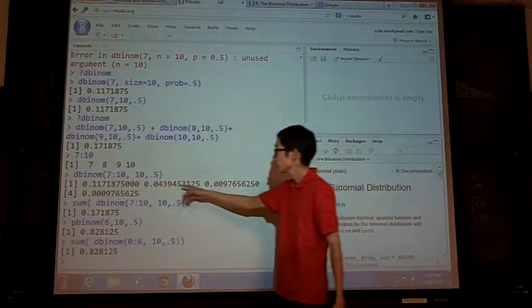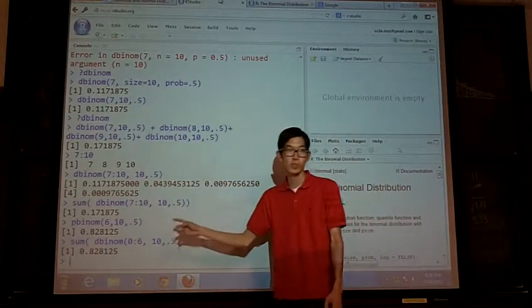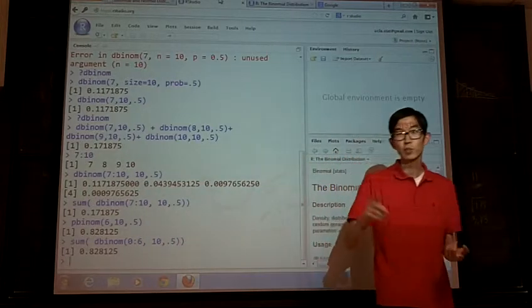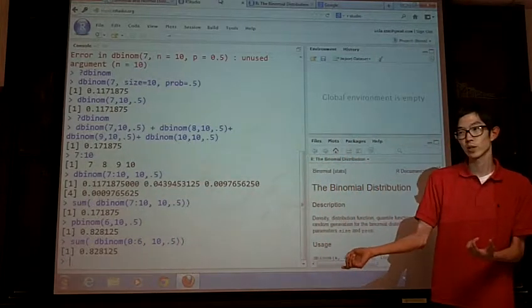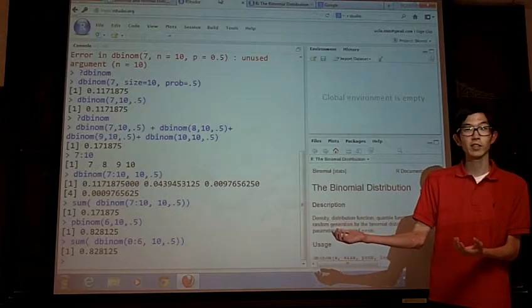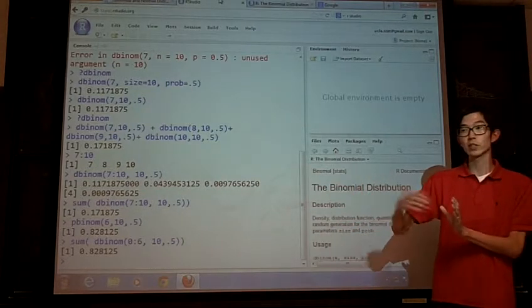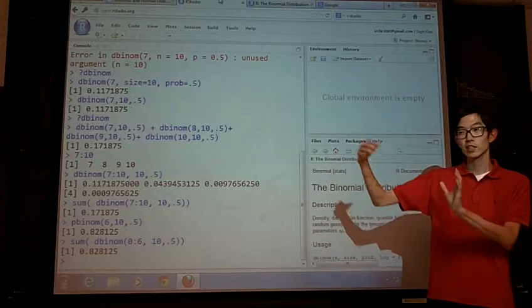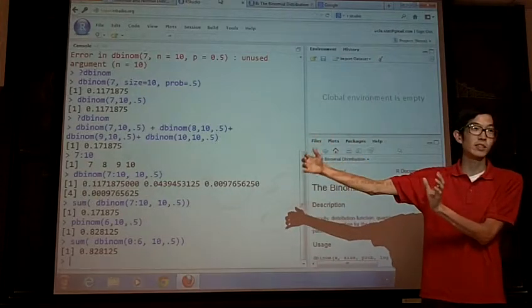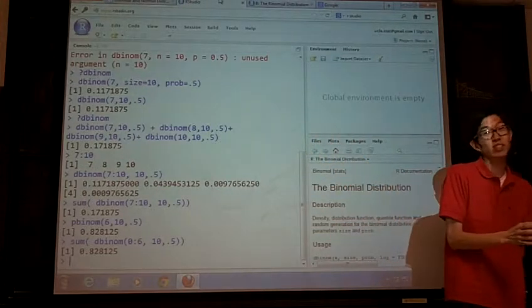And remember, when I ask the question, what's the probability of seeing 7 or more tails? That's the complement of what? Seeing between 0 and 6 tails, right? Because if I didn't see between 0 and 6 tails, I must have seen 7 to 10 tails.